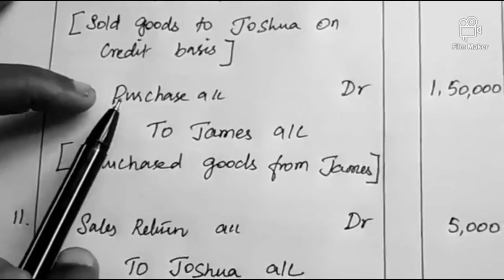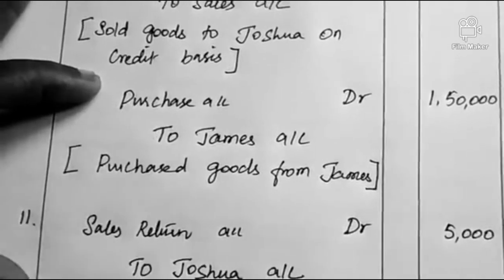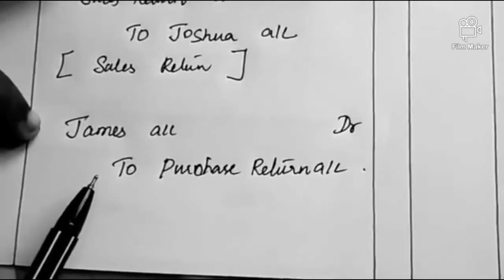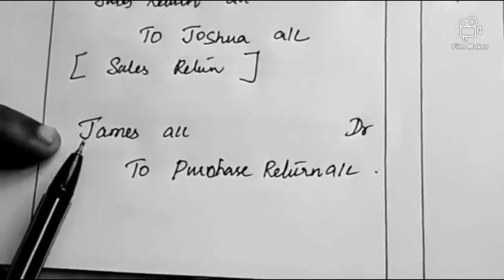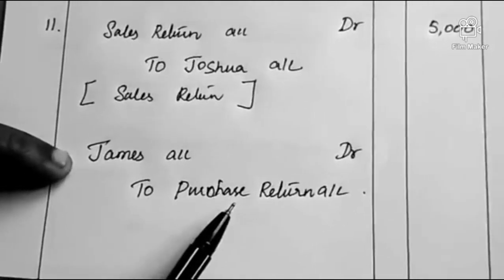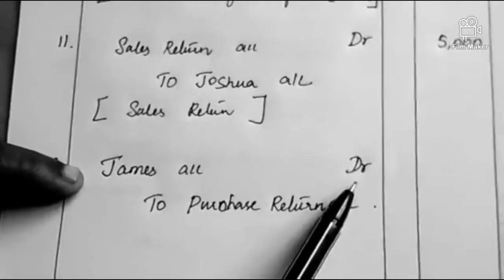Now you are returning some item, some defective item to James. No, just reverse entry. When you return any item to James, James is a receiver. Receiver means, James means personal account. Personal account rule is debit the receiver. When you return some item, who is the receiver? James is a receiver. So debit the receiver.